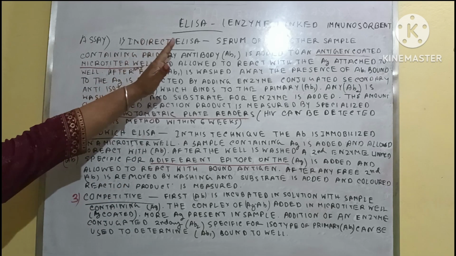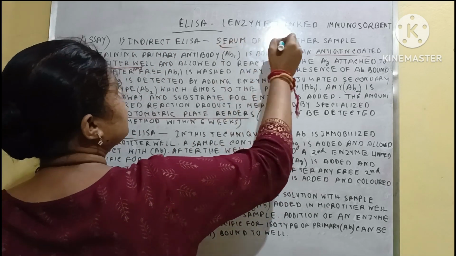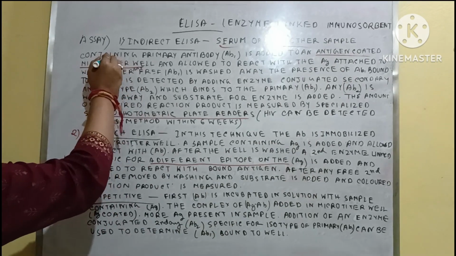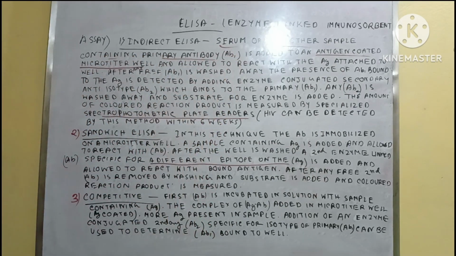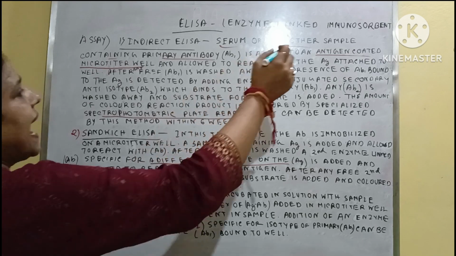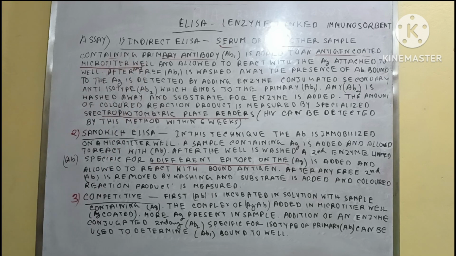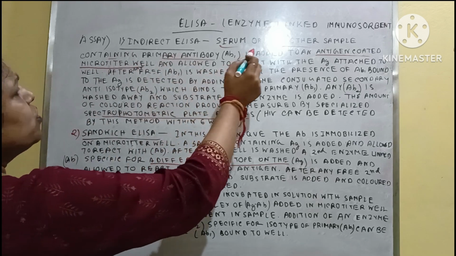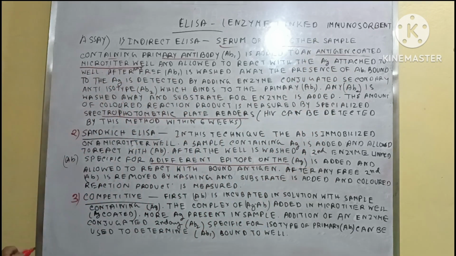The first one, indirect ELISA. Here the serum or some other sample containing primary antibody, in short form AB1, is added to an antigen coated microtiter well and allowed to react with the antigen attached to the well.